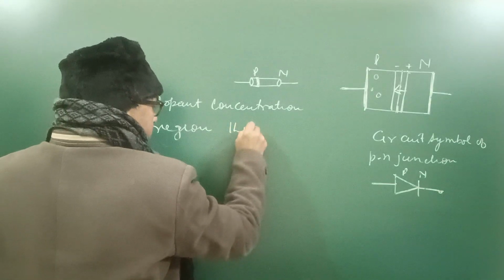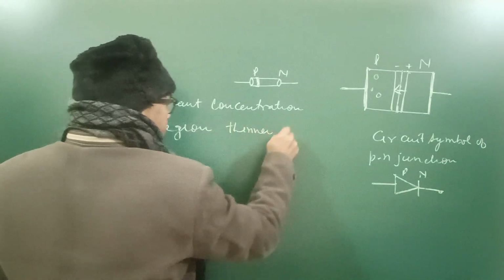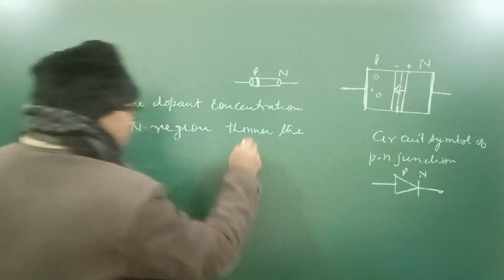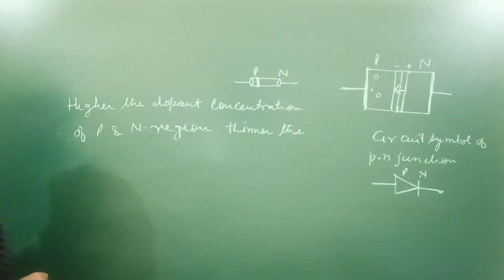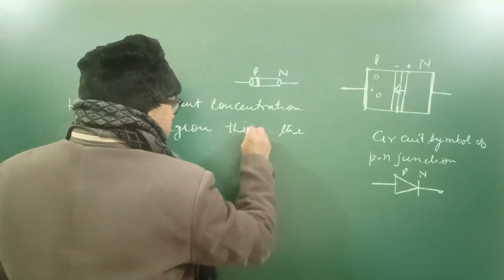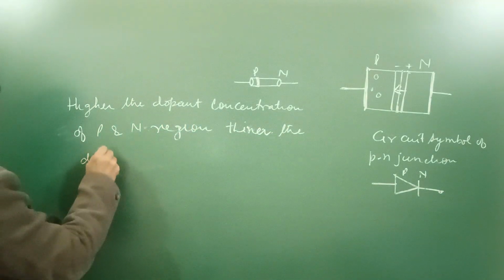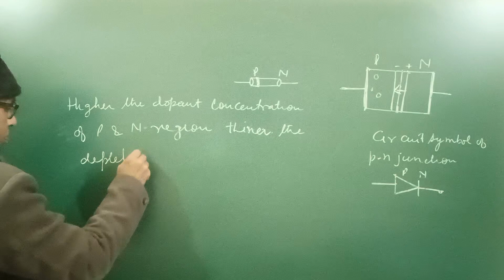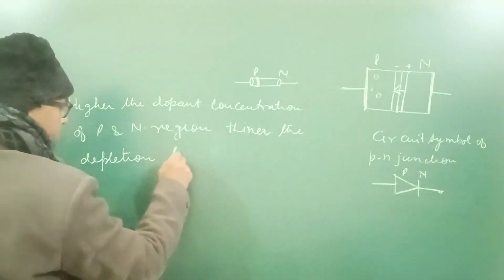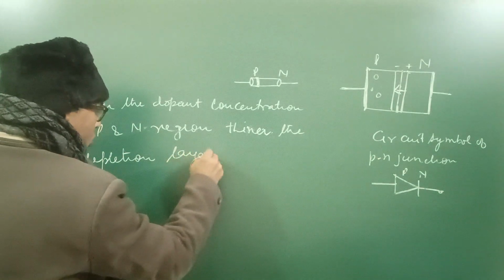Thinner, the depletion layer. Why is it so?